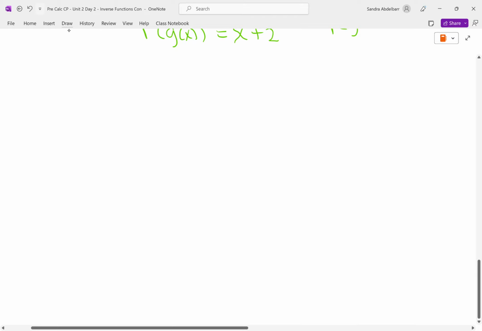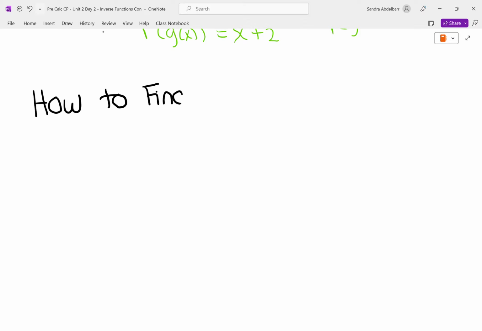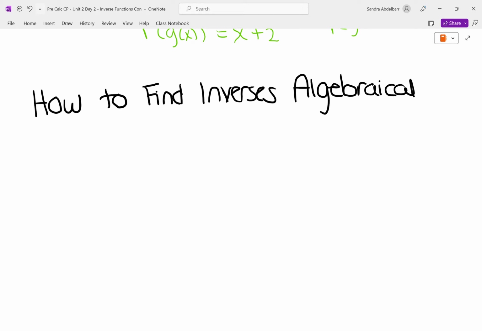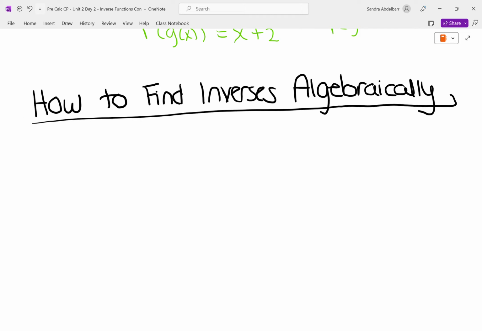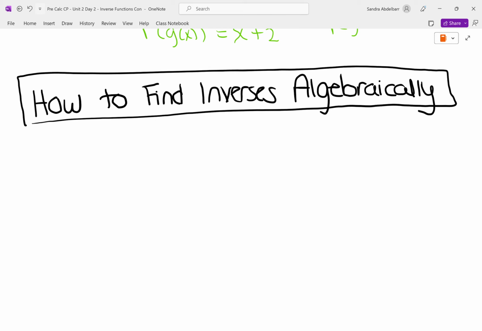So now we're going to talk about how to find inverses algebraically. All right, to find inverses algebraically, you are going to switch x and y, then solve for y.